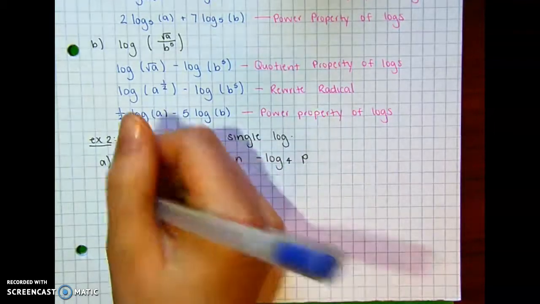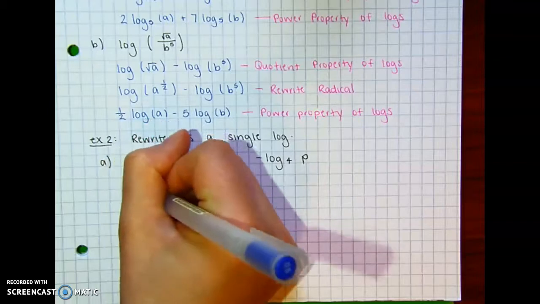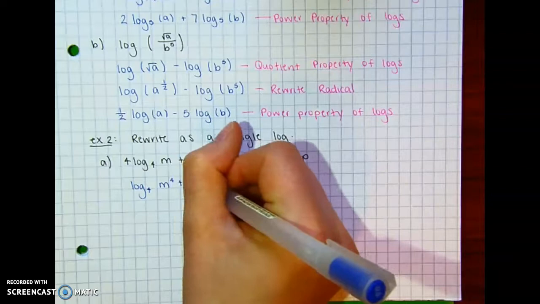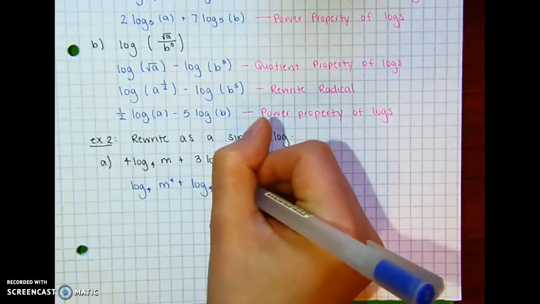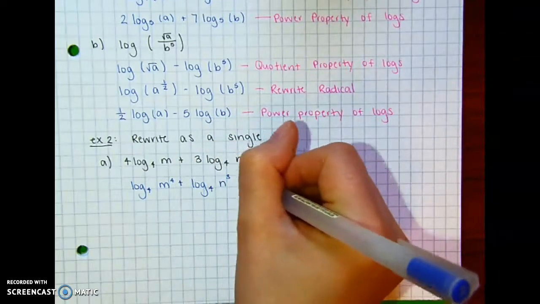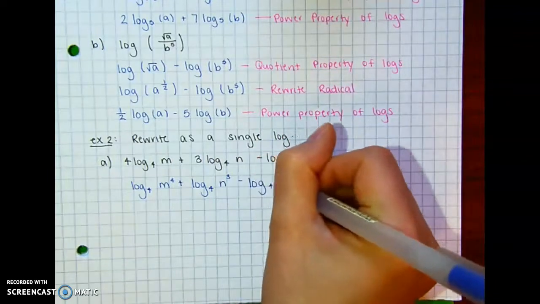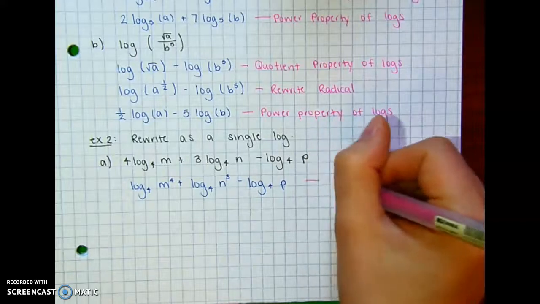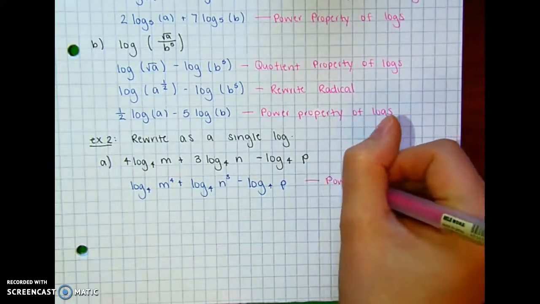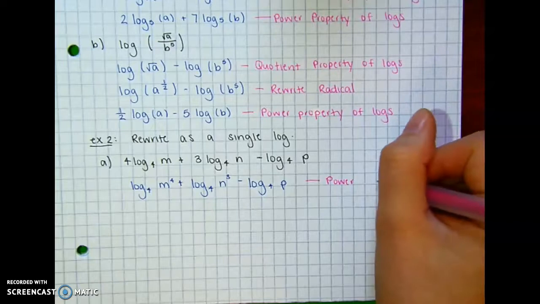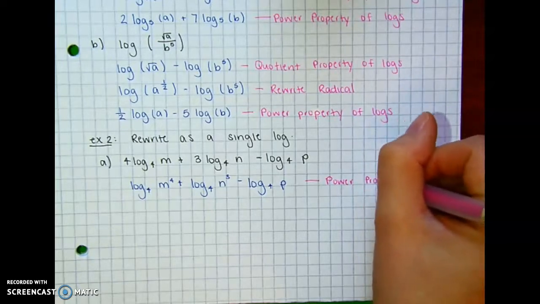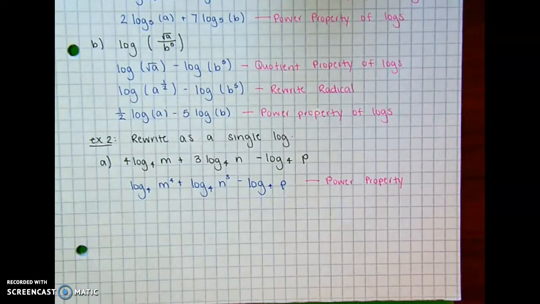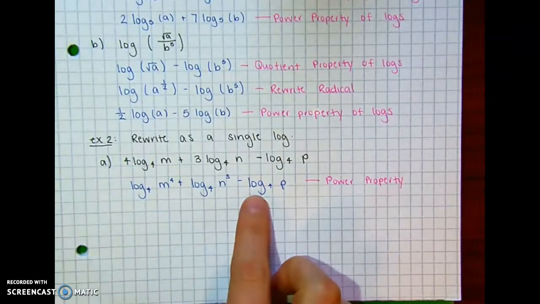So my first thing is going to be log base 4 of m to the 4th plus log base 4 of n cubed minus log base 4 of p. So that's just the power property.